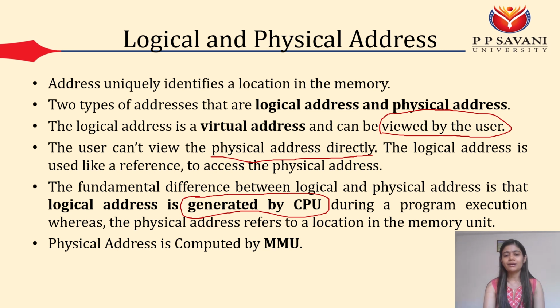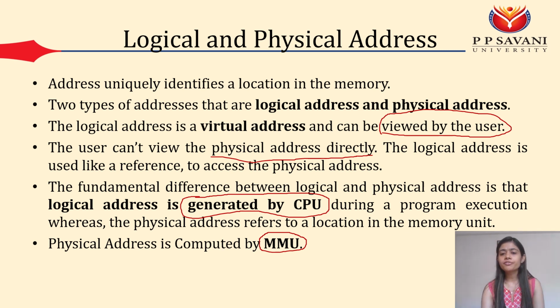The operating system, to be very precise, will compute the mapping between logical address and physical address, and it will find out the actual location of that particular data in the memory. The address directly viewed by the user is called the logical address. That is not the actual address where your data is stored in the memory. The actual address is called the physical address, and that is not directly viewed by the user.